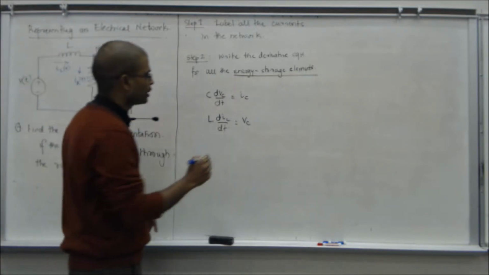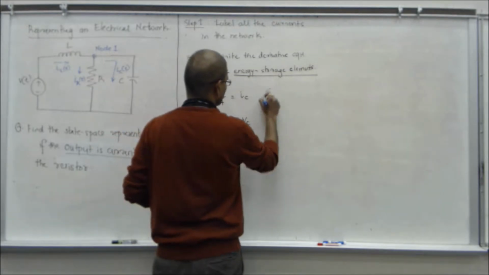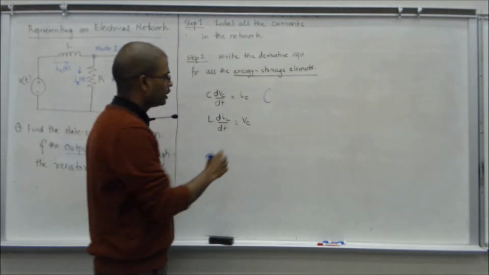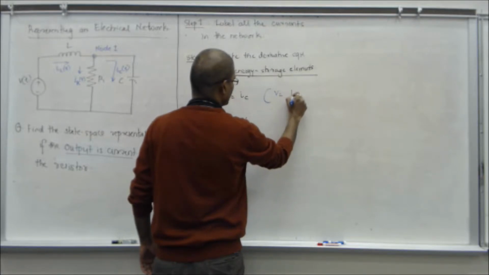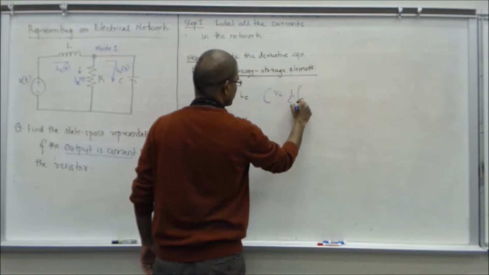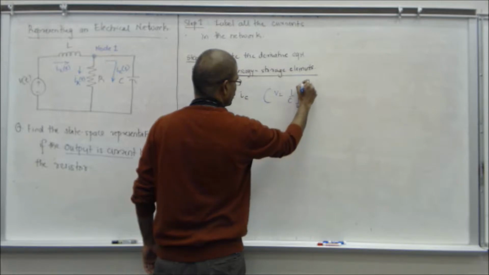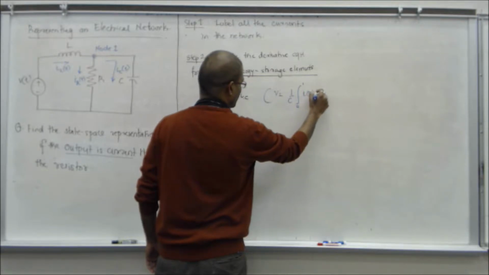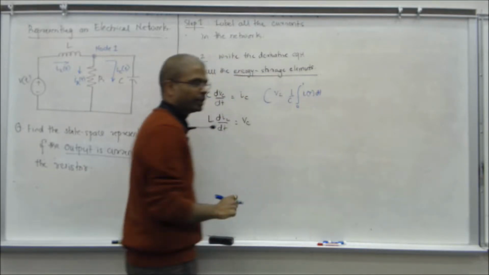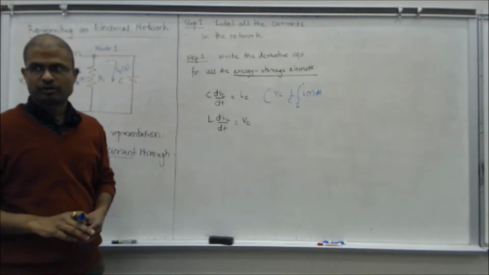What is Ohm's law applied to the capacitor? V is equal to 1 over C into the integral from 0 to t of I(tau) d tau, where tau is that interval.